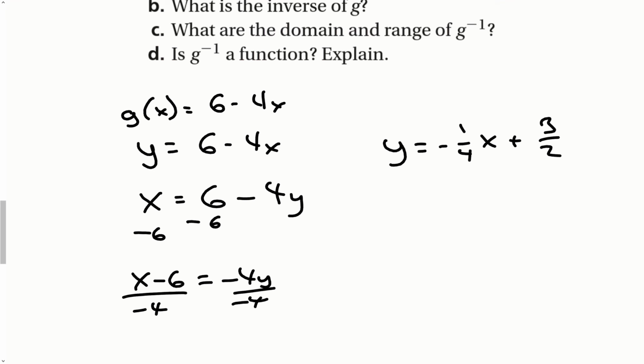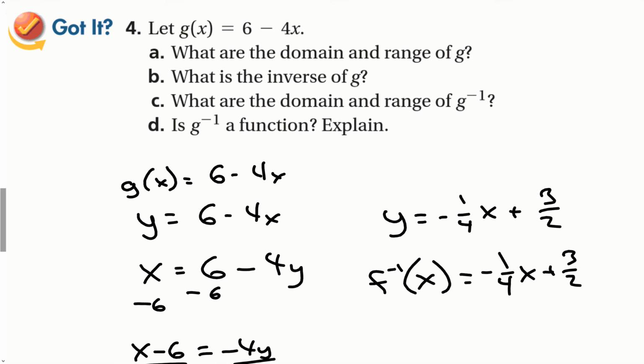And is that an inverse function? Yes. So f inverse of x is negative 1/4 x plus 3/2. So what did I just do? This is a line. The domain is all real numbers, the range is all real numbers, and so the domain and the range of f inverse of x is also all real numbers.